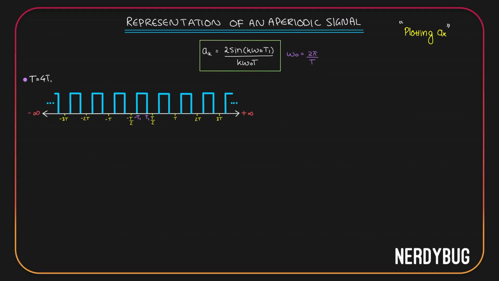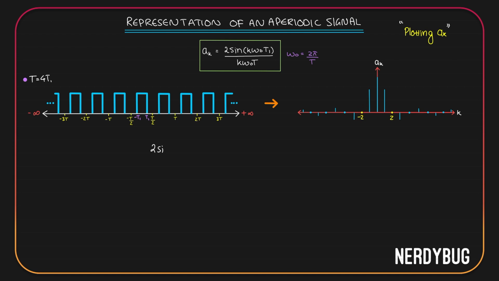Let us try to plot the Fourier series coefficients on a graph now. When T is equal to 4 t1, it will look like this. You can see I have marked minus 2 and plus 2 here. Let me show you how I got it. From the graph, it can be seen that minus 2 and 2 are the two values of k where a k becomes 0 for the first time.